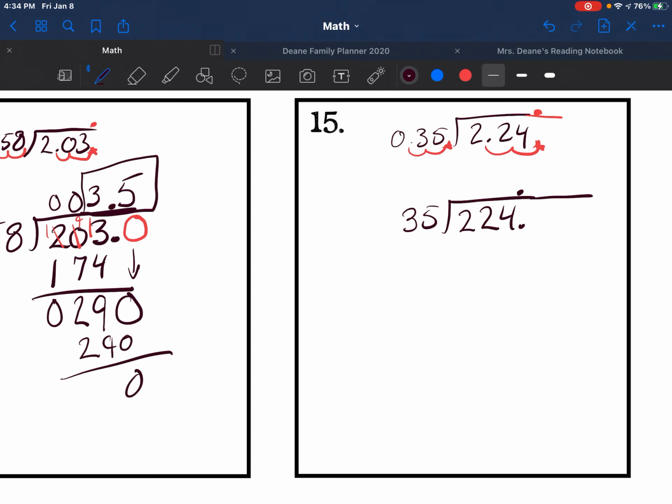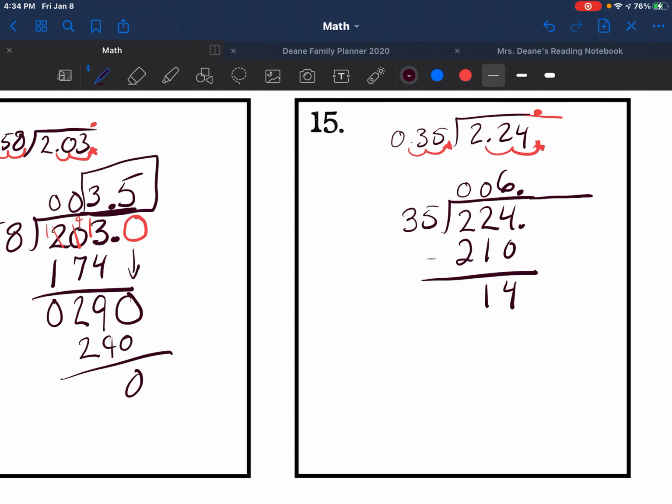224 on the inside. So 35 cannot go into 2, cannot go into 22, but it can go into 224 6 times. 6 times 35 is 210. And I subtract, and I get 14.